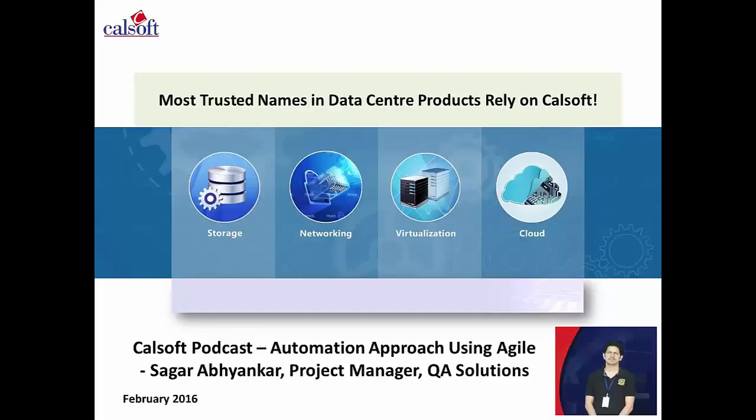Sagar, could you quickly tell us what is the agile methodology? Okay, so the conventional way of doing product development was waterfall, one of the execution approaches where one phase used to get over and another phase used to start.